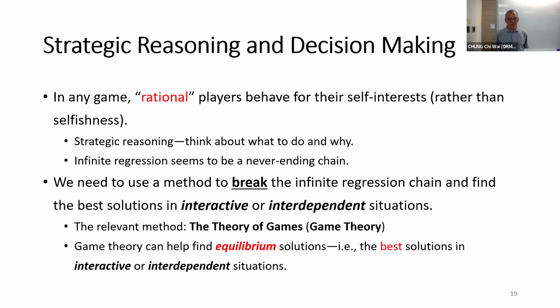During the analysis, there's one phenomenon that always exists: the infinite regression chain. And the question is how to break this chain and obtain the best solutions for the two players.